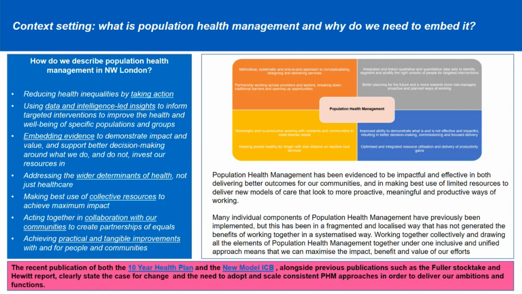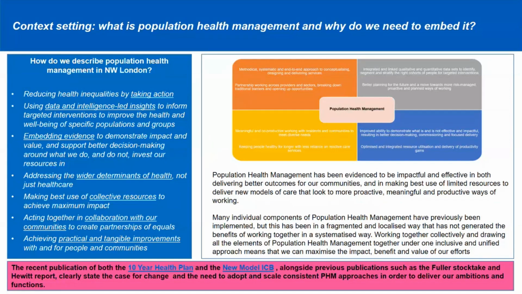It's really around embedding evidence as well. So this is really around are we doing the right things? How can we tell? Where does research fit into understanding what we need to do, and how does that link into the wider idea about we're doing the right things by our populations? And as we talked about health inequalities, we can't forget around the wider determinants of health. So this is not just about healthcare.